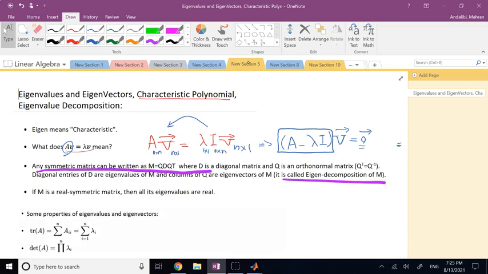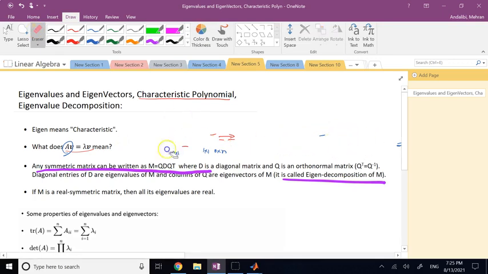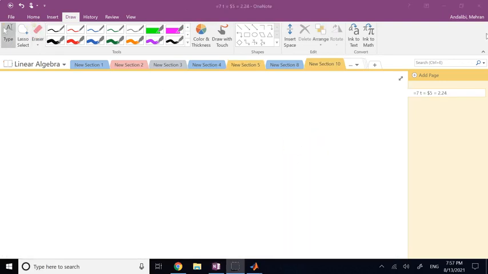Now, before I get into the next topic, I need to talk about an important case, and that is when you have eigenvalues that are repeating. If you have repeating eigenvalues, then there are two different scenarios that can happen.